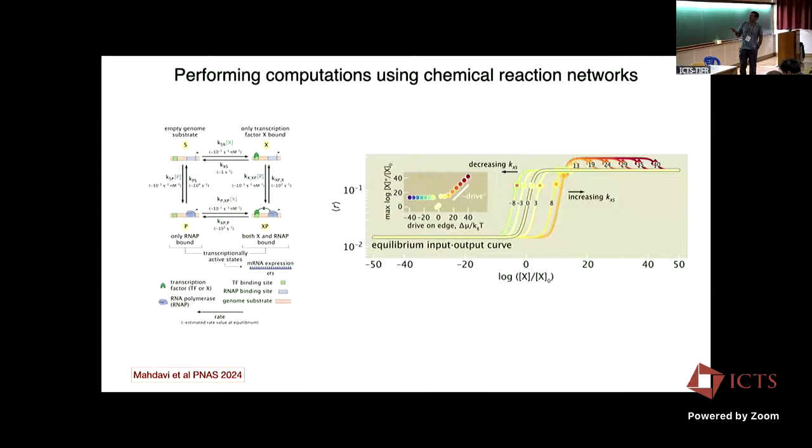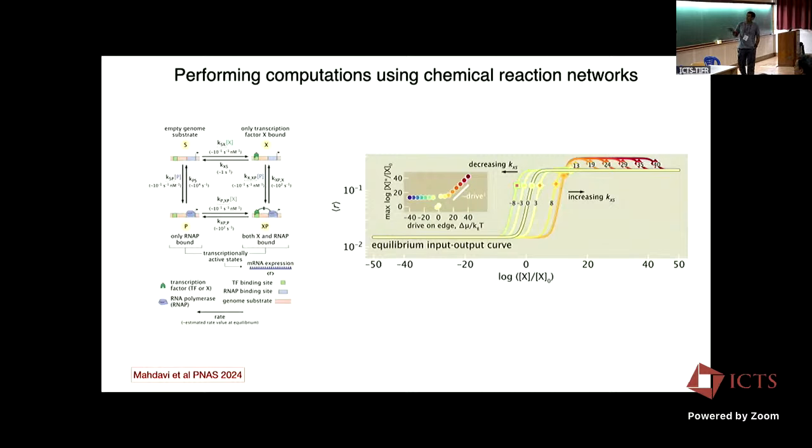What's going on here is you have a caricature of a gene that's being read out by an RNA polymerase, and it can do that either in the presence or in the absence of a transcription factor. Circuits of the sort we've all encountered and seen in many contexts.